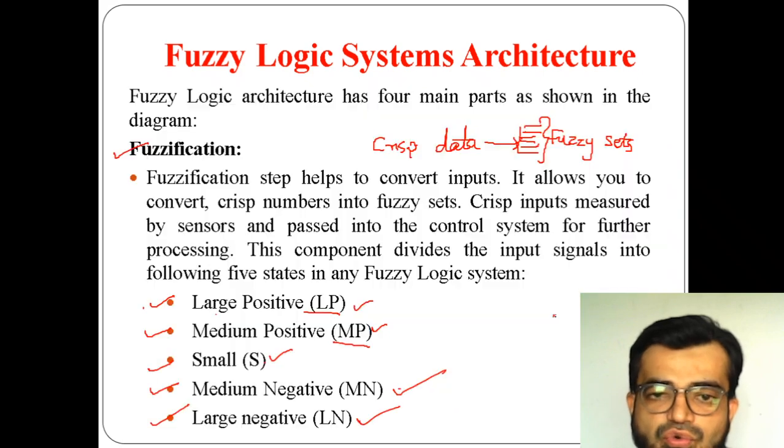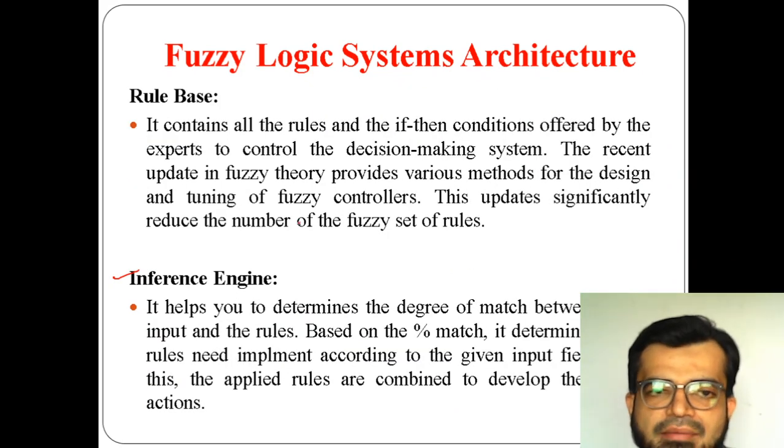Now, what are the rules actually? The rules, the rule base, you can call fuzzy rules. These rules are in the form of if-then conditions. As I said just now, there is a set of conditions, and based on those conditions you need to frame the rules.